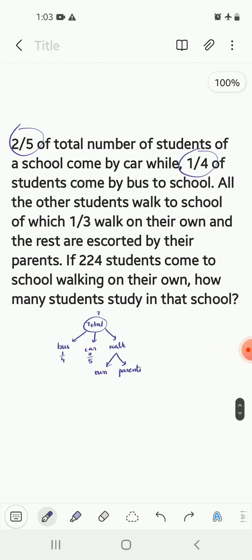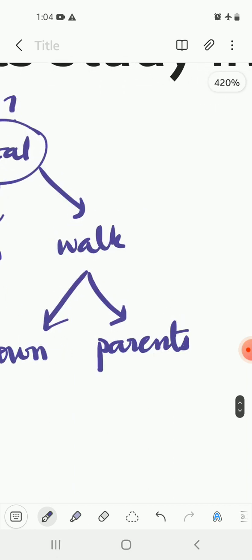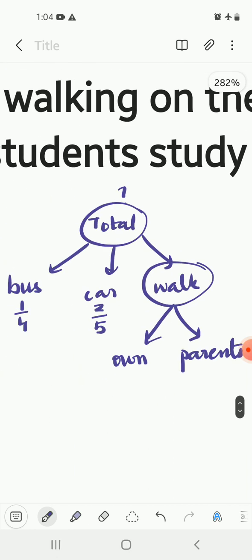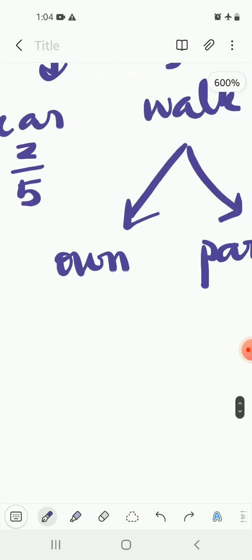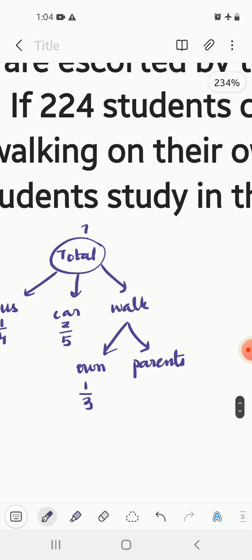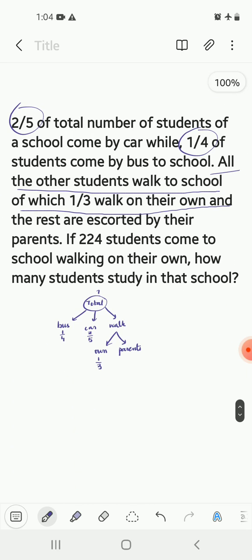Out of all the other students, we will read from here, all the other students walk to school, of which 1 by 3 walk on their own. So, out of whatever is left, 1 by 3 come by walking on their own, and the rest are escorted by their parents.